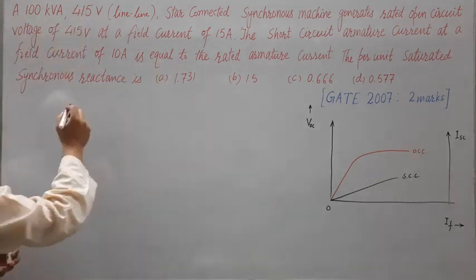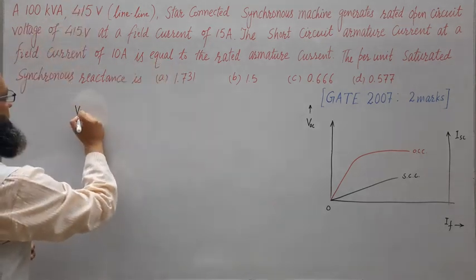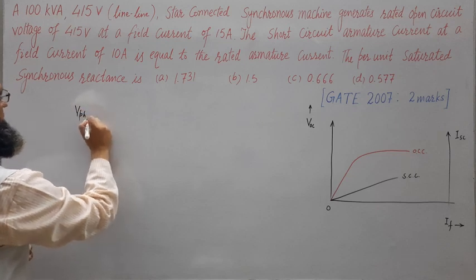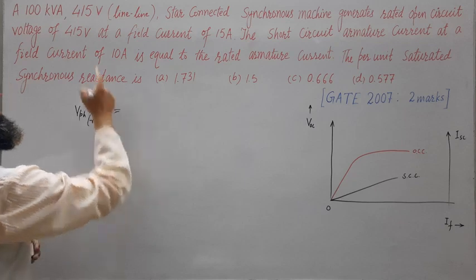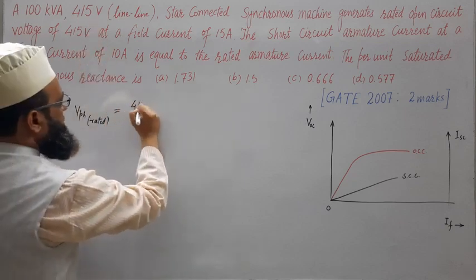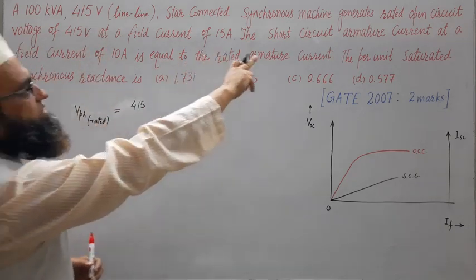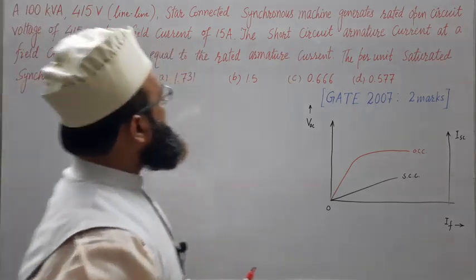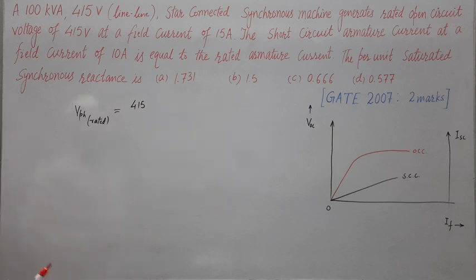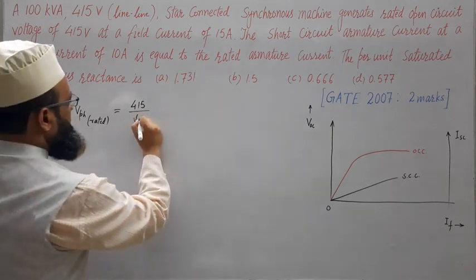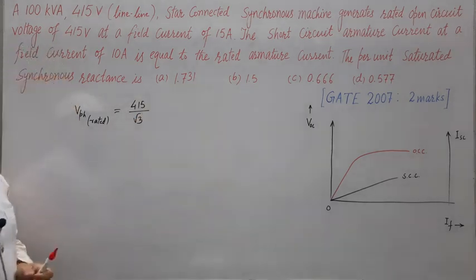So if we want the rated VPH, you may mark rated. This is a star connected machine, right? So for a star connection, we know the relation between line voltage and phase voltage. So this will be this upon √3, fine.